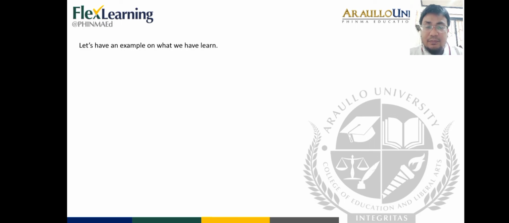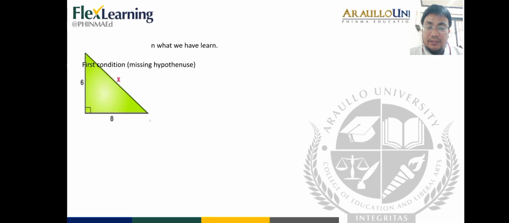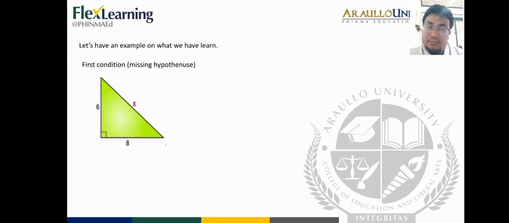So let's have an example of what we have learned. First condition, missing hypotenuse. This green triangle has legs of 6 and 8, but the hypotenuse is unknown. So first, let us write the general formula for the Pythagorean theorem, which is c squared equals a squared plus b squared.